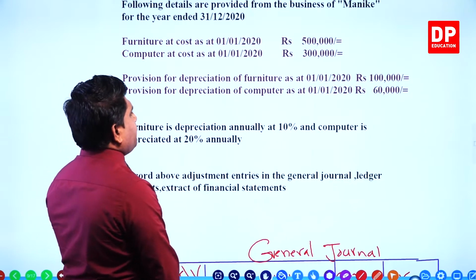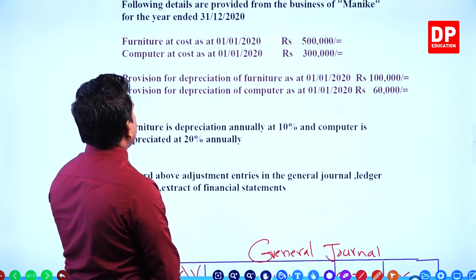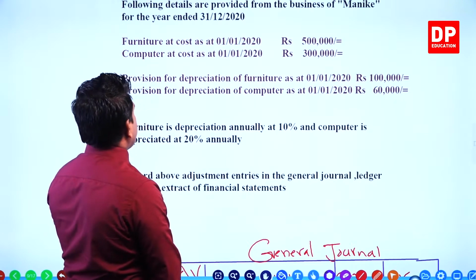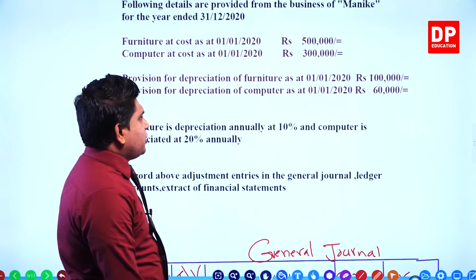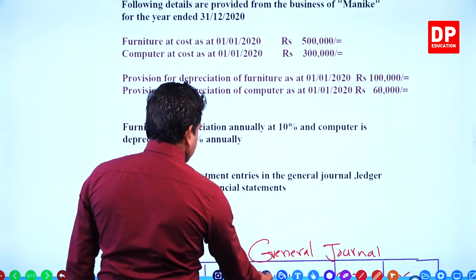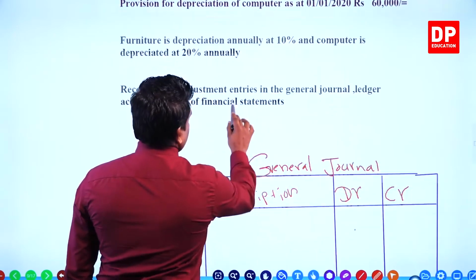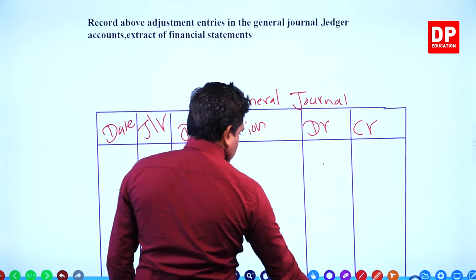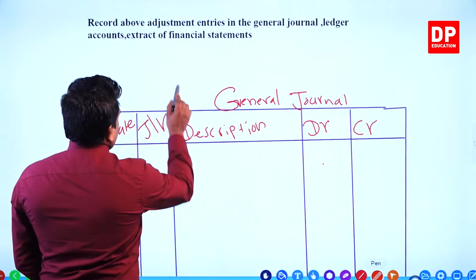Furniture cost 500,000, right? Computer cost 300,000. What percentage is given? Now furniture depreciation is 500,000 into 10%. How much? 50,000.